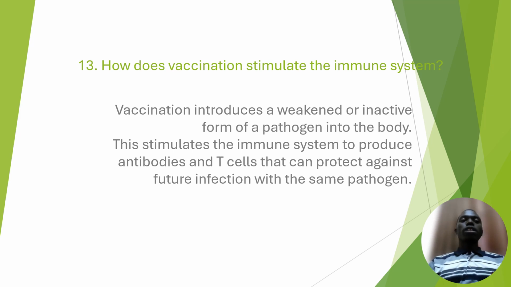The 13th question was asking how vaccination stimulates the immune system. Firstly, vaccination is the introduction of a weakened or inactive form of a pathogen into the body. This inactive pathogen stimulates the immune system to produce antibodies and T cells that can protect against future infection with the same pathogen.